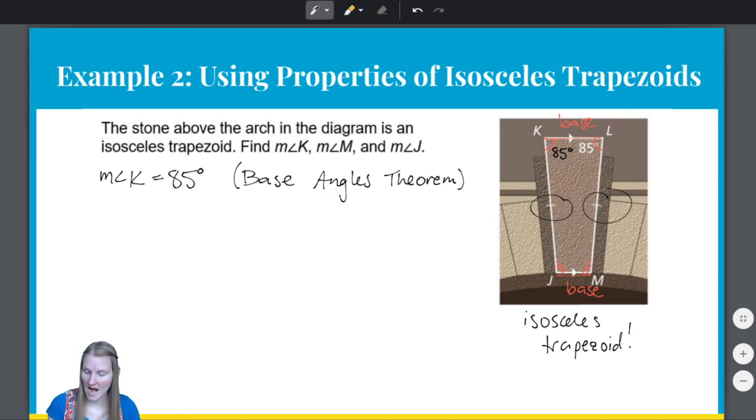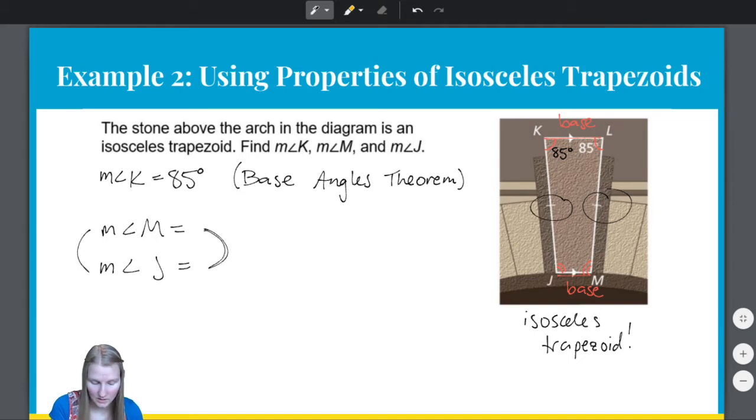Okay, now we know that the measure of angle M and the measure of angle J are the same. We know that these are the same, but what are they? Well, how many degrees are there in a quadrilateral, right? A trapezoid is a quadrilateral. It has four sides.